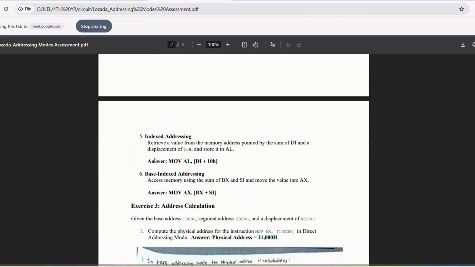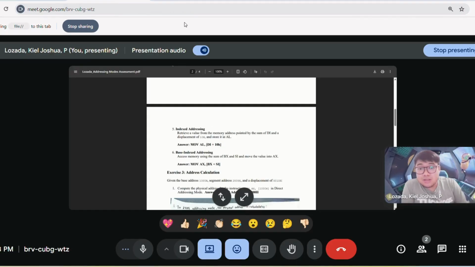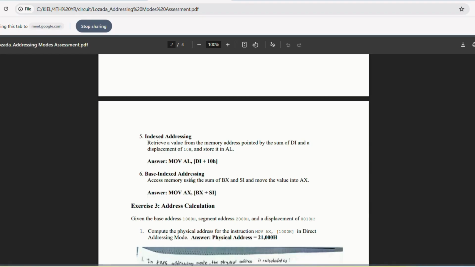So for number 5, which is the index addressing, we retrieve a value from the memory address pointed to by the sum of DI and 10H and store it in AL.